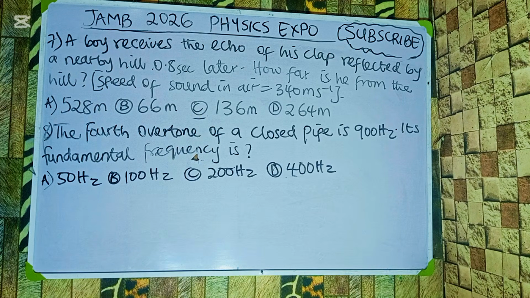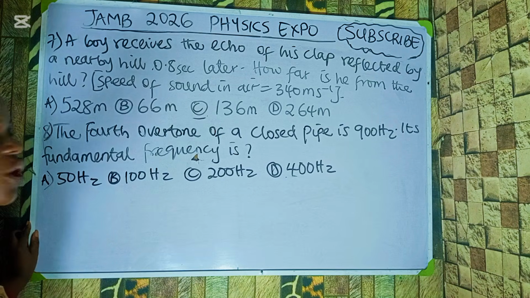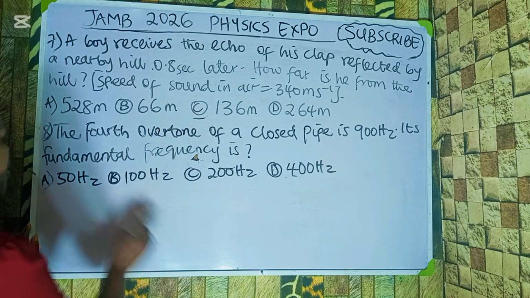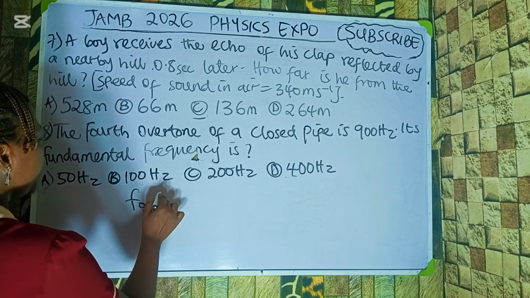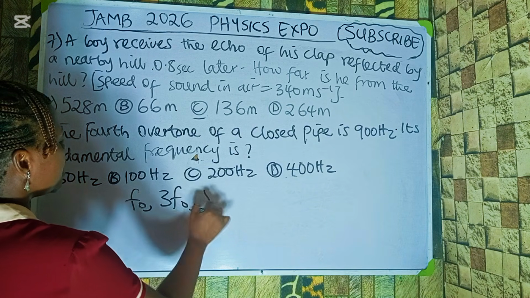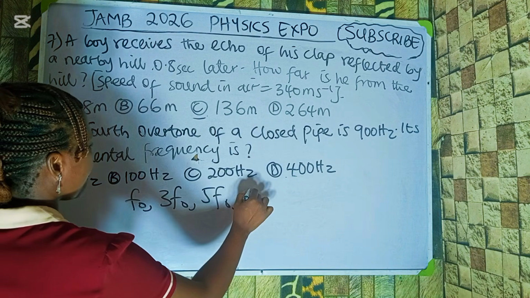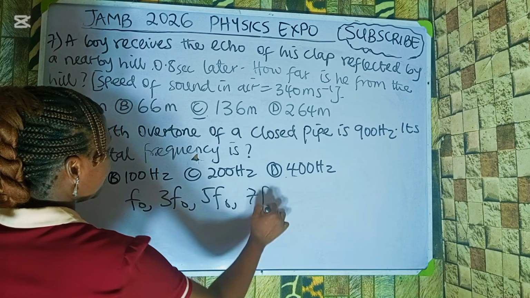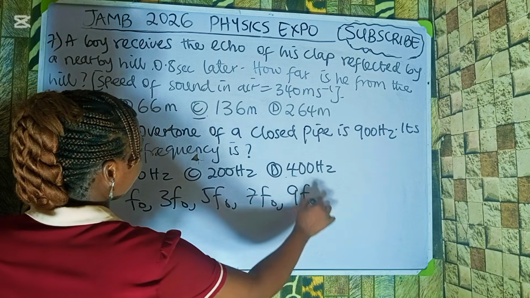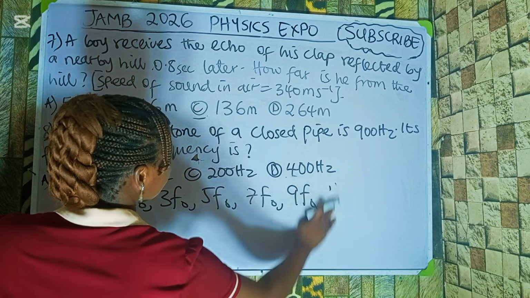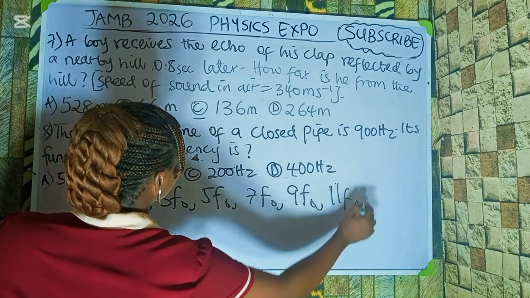Question 8. The fourth overtone of a closed pipe is 900 Hz. Its fundamental frequency is what? I must understand that for a closed pipe, the fourth overtone is the same as the ninth harmonic, and it ranges in odd numbers. So the first harmonic is F naught, followed by 3F naught, 5F naught, 7F naught, 9F naught, 11F naught, right?